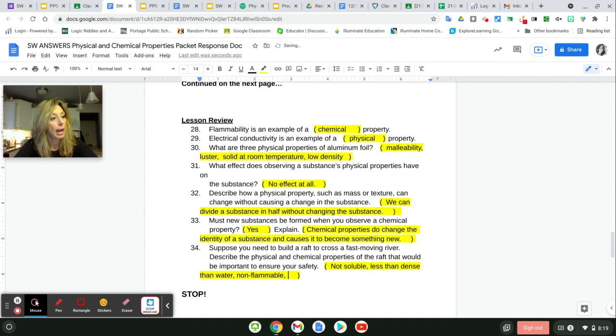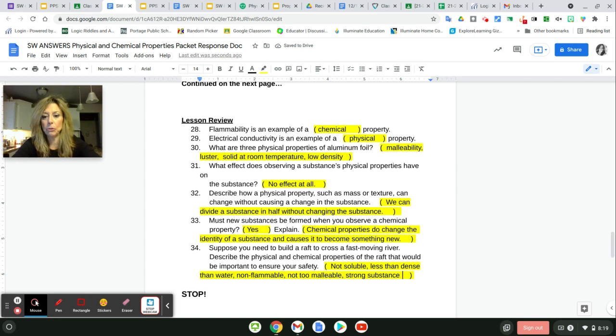So, okay. I wouldn't want it to bend or break. So not too malleable. I would want it to be a strong substance to hold up. Okay.